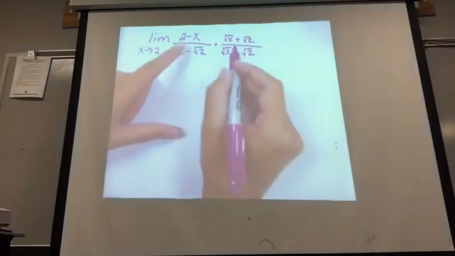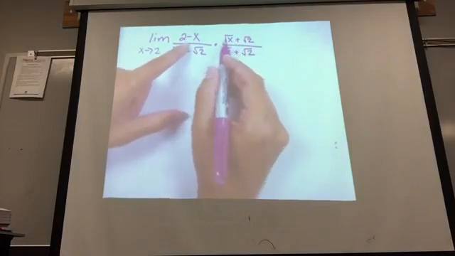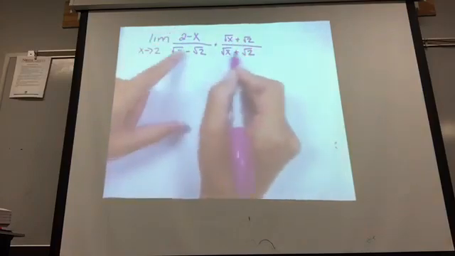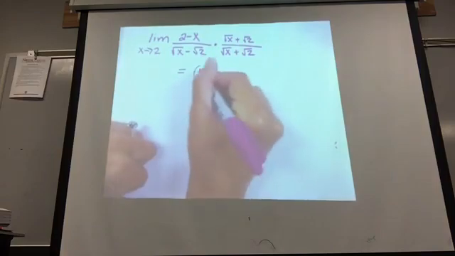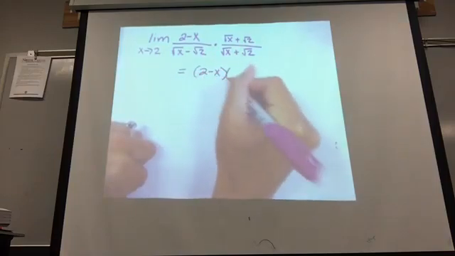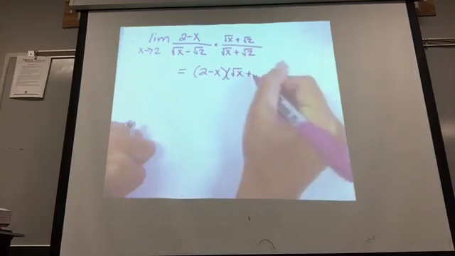Alright, so in the numerator, I don't want to multiply those together. I only want to FOIL them together when they are conjugates. So I'm just going to rewrite the top as 2 minus x times the square root of x plus the square root of 2.